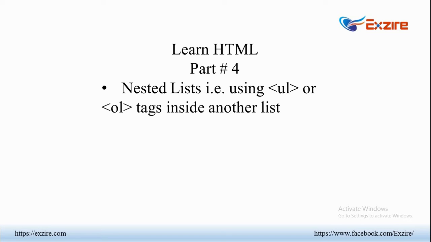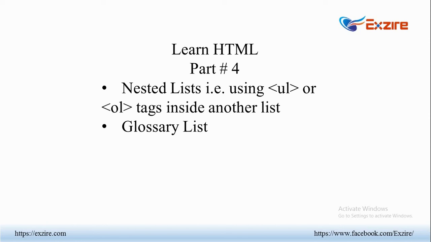Then we'll talk about one more type of list, that is a glossary list. Glossary list is a bit different from UL and OL. Generally, OL and UL, that is ordered and unordered list, consist of only standalone list item tags, LI tags.